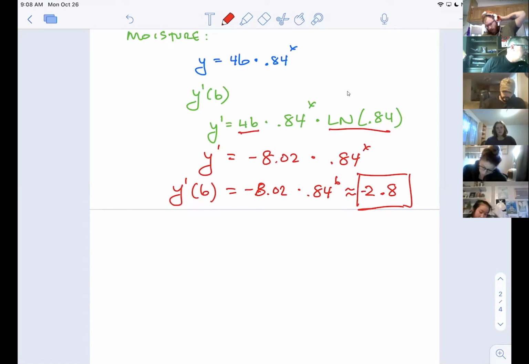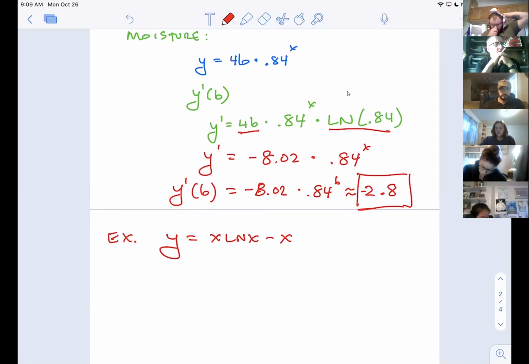Let's see. Oh, that looks, let's try this one. Whether this is hard to you is dependent on how much you had to learn today.